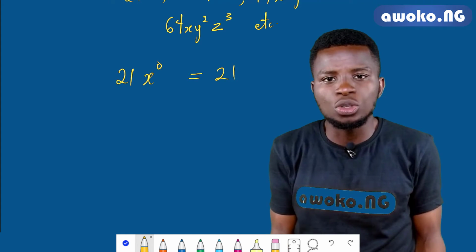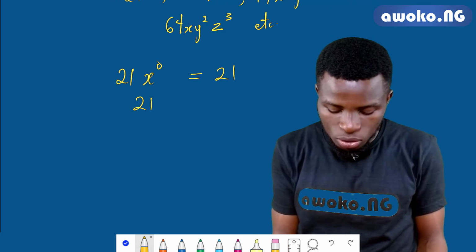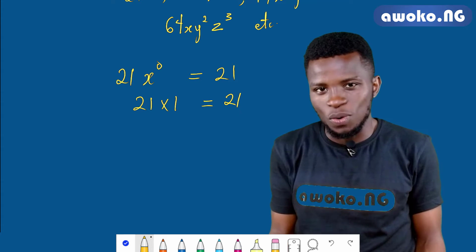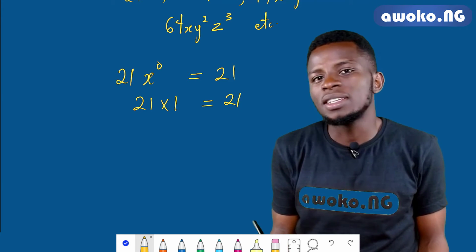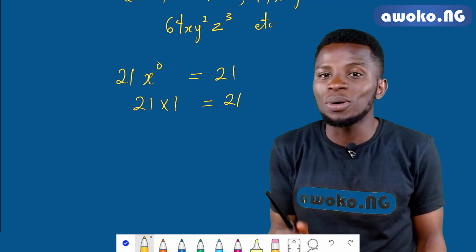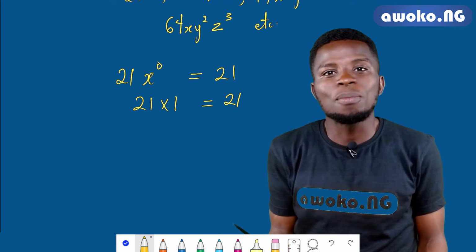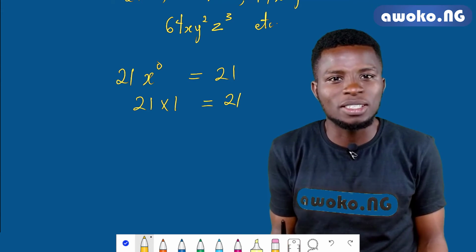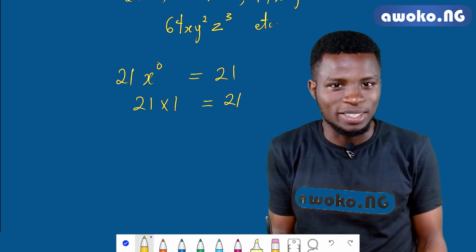Because anything raised to the power of 0 is equal to 1. So if I multiply 21 by 1, I also have 21. So this holds for all constants since the quantity 1 is a multiplicative identity. I want you to also note that monomials have limited applications in mathematics, but find expression when they are combined.